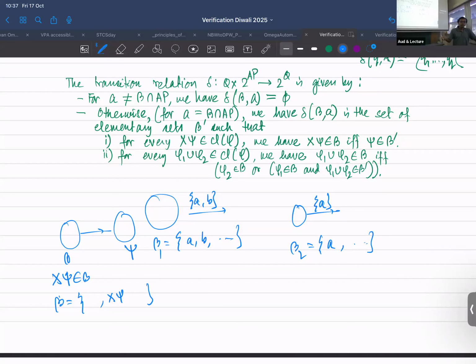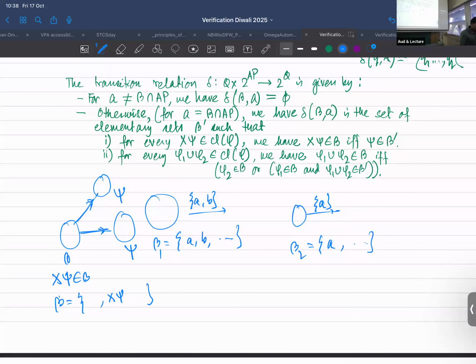All those elementary sets that have psi, you will have a transition to such states. Clear? So there can be multiple states which can have psi. There can be multiple. So you will have such transitions to all of them. If xi is here, then we will make transitions to all those states which have psi.